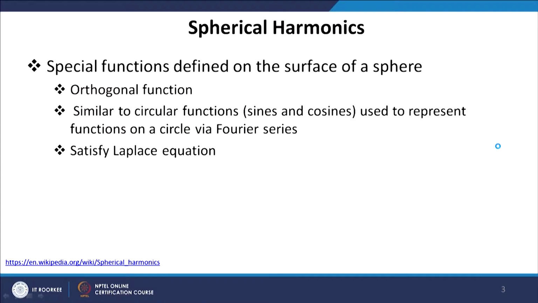Now, in 3 dimensions, on the surface of a sphere, where we want to represent our intensity, we use a similar representation, and this representation is called the spherical harmonics. So, spherical harmonic series is used to represent intensity in the 3 dimensional space on the surface of a sphere, and this, as we will see, satisfies the Laplace equation in spherical coordinates.